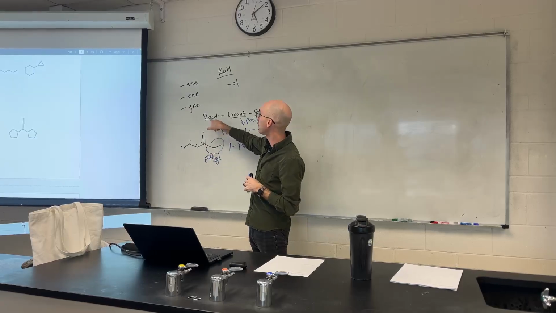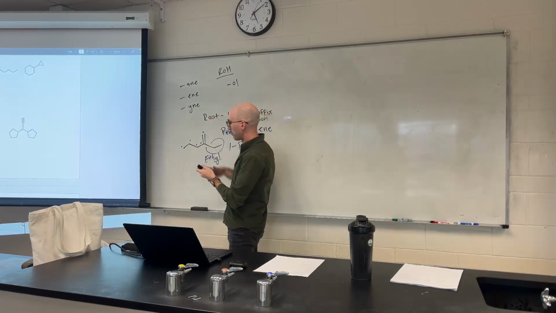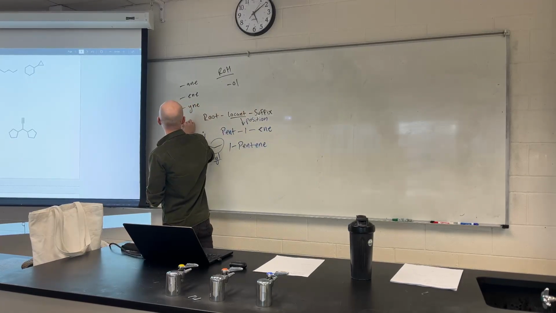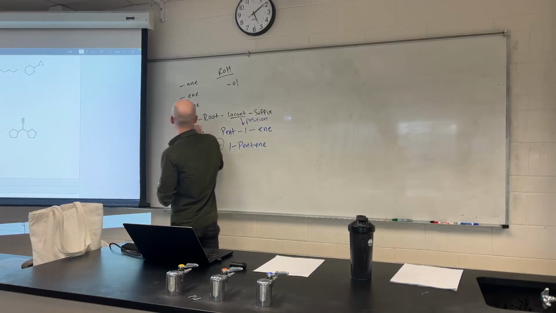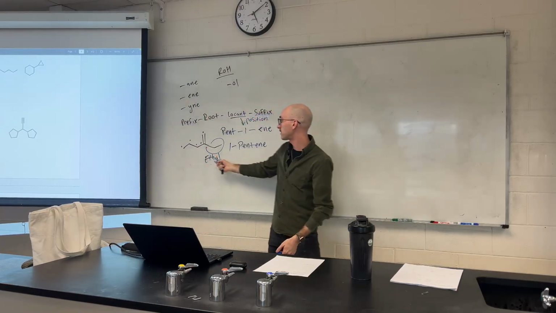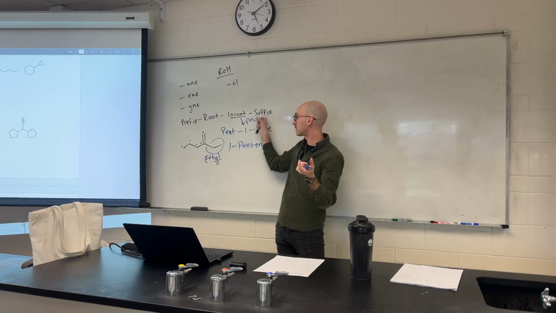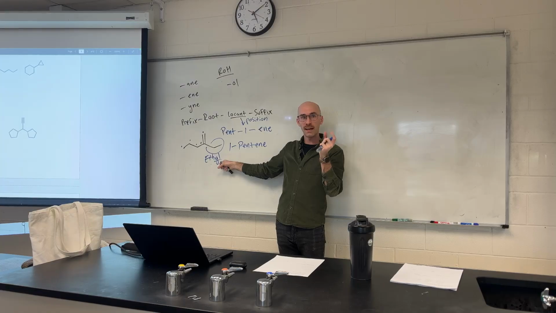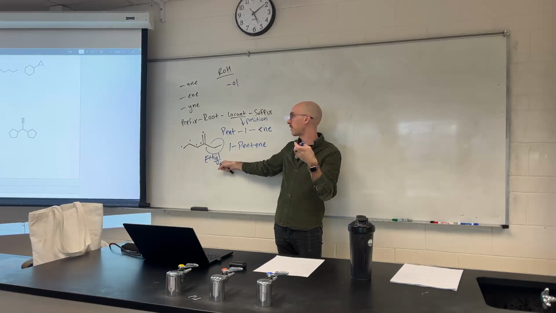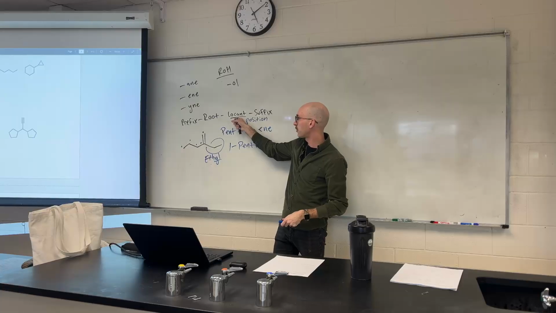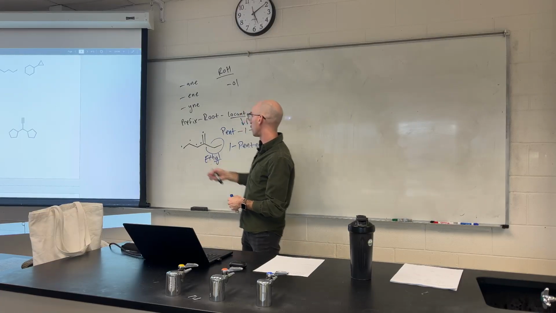And so the prefix that comes before root often contains its own root, how long that substituent is, and its own suffix, this YL, that tells you that it is a substituent, not part of the parent. The prefix also often comes with its own locant.